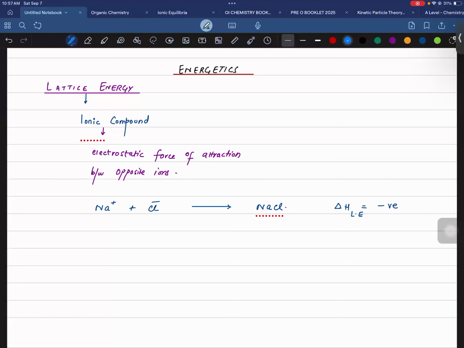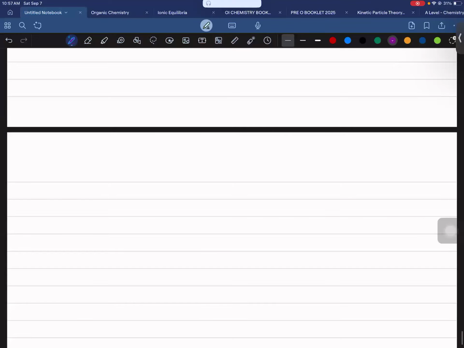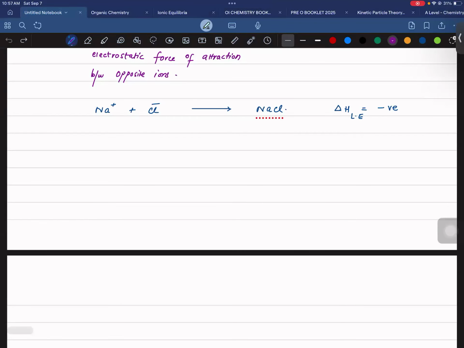On the basis of lattice energy, we decide whether you have a strong ionic compound or a weaker ionic compound. This is very important to know. If you have more negative lattice energy, that would be a stronger ionic solid, a stronger ionic compound.